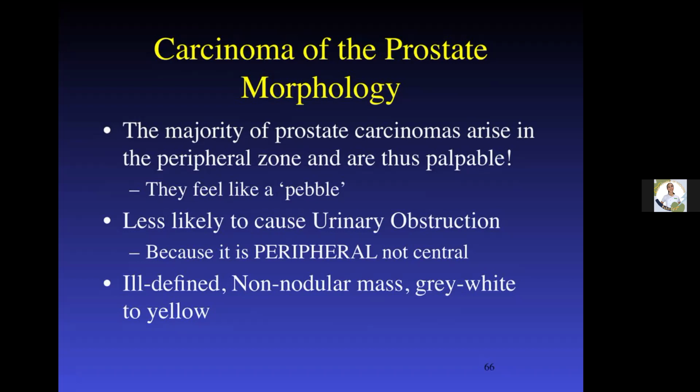So what will give you urinary obstruction symptoms? Nodular hyperplasia, because it arises from the central zone, not the peripheral zone. Prostatic carcinoma will not give you urinary obstruction symptoms because it is peripherally located.